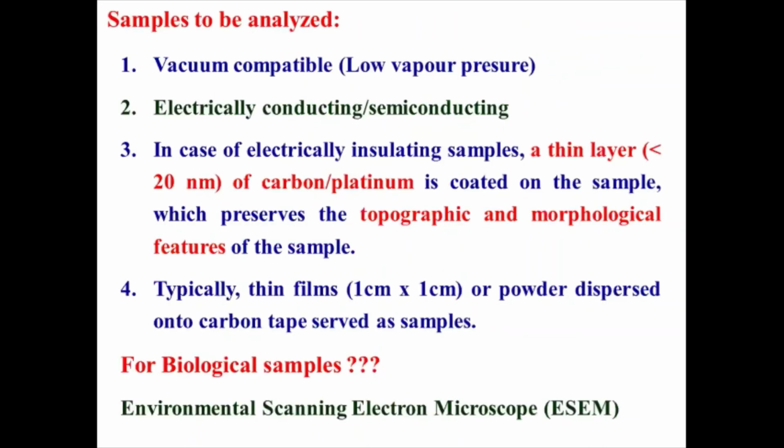Then what kind of samples can one use for the scanning electron microscope? They should be vacuum compatible, since there is a low pressure in the column and in the electron gun part. And this low pressure is for two reasons.